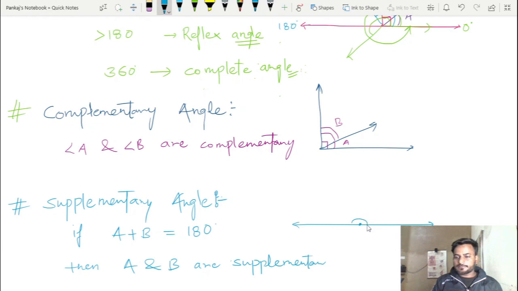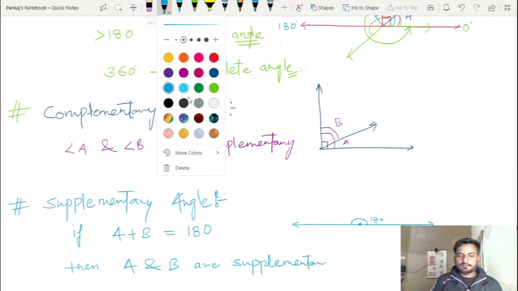Let's say this one is 180 degrees and any two angles between this 180 degrees.